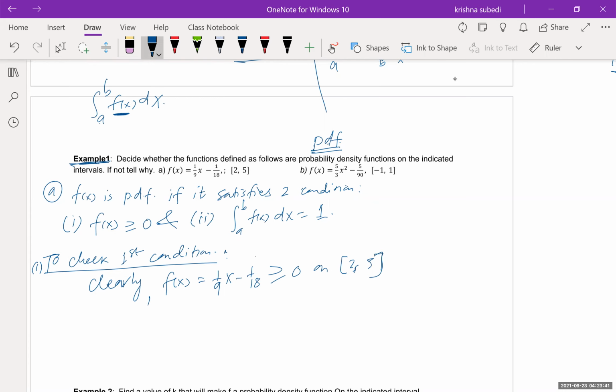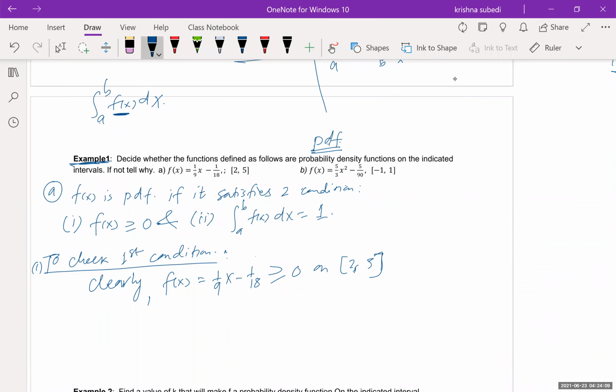If you substitute any value for x between 2 and 5, this function is not going to be negative, no matter what value you choose. If you substitute x equals 2, still positive. If you substitute x equals 2.5, still positive. 2.9, 3.2, 3.7, whatever value you choose, it's going to be positive.